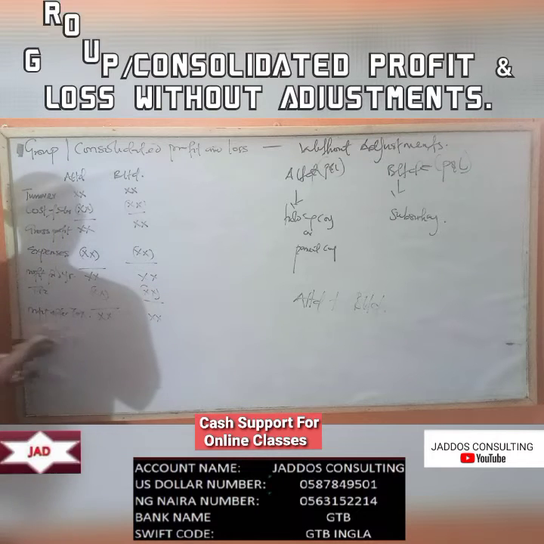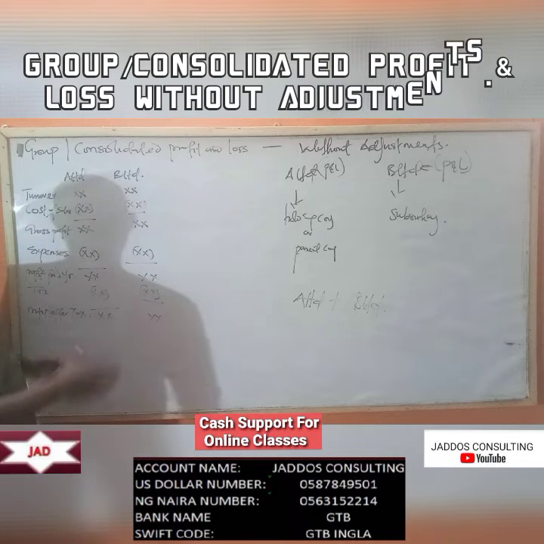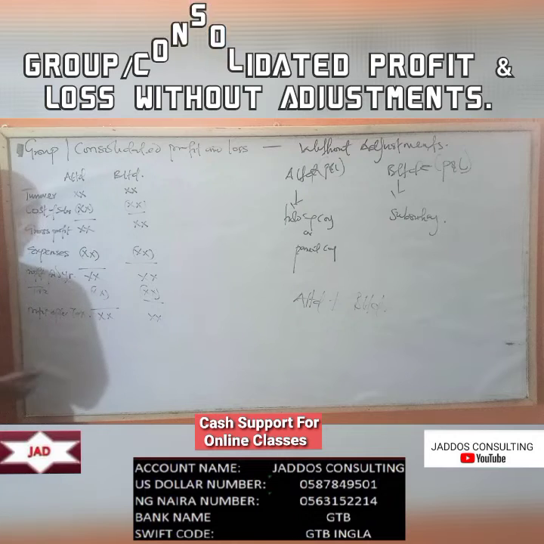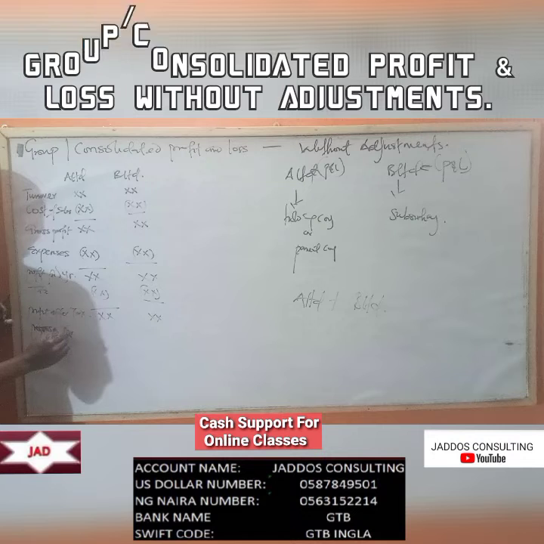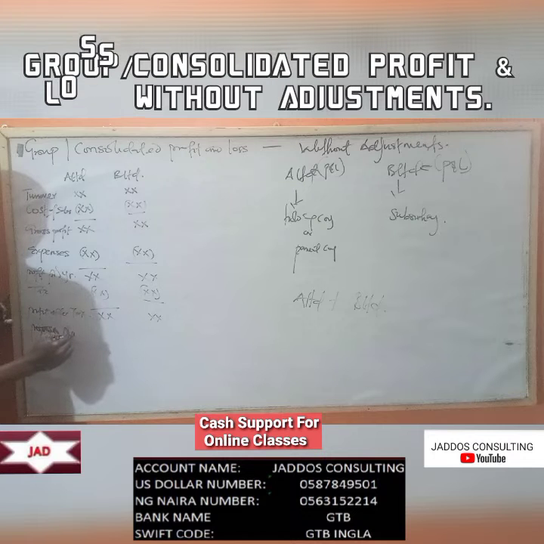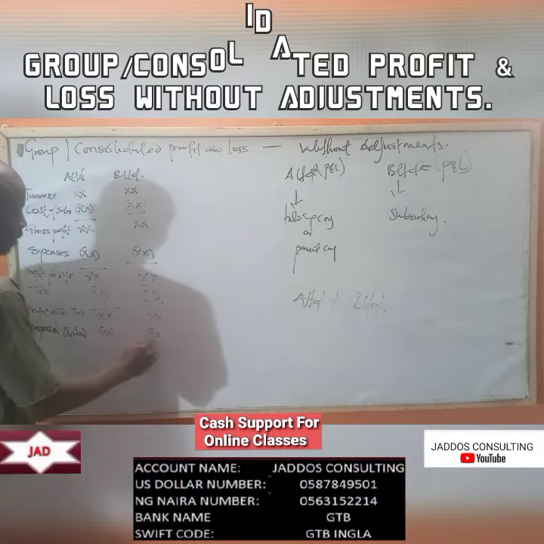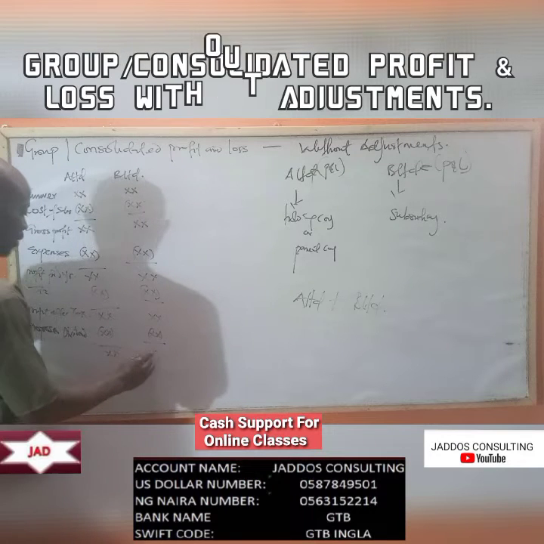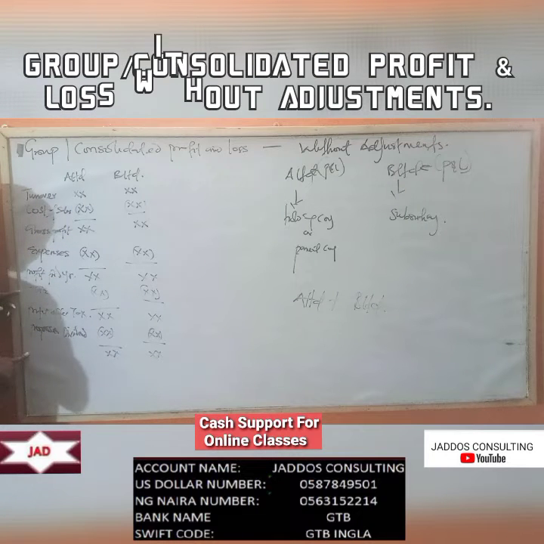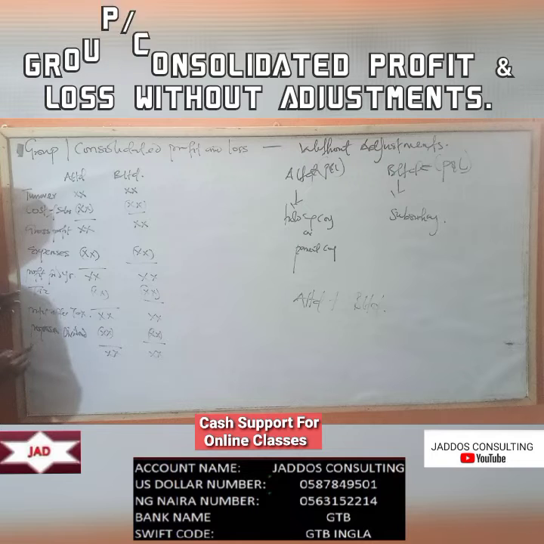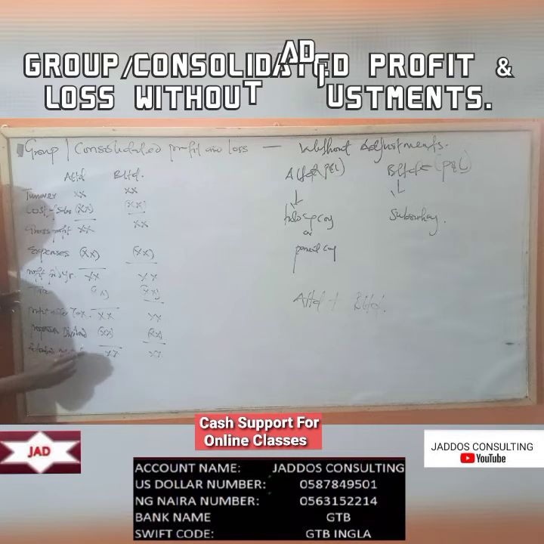So when you have this, then we can appropriate. Let's just say from this profit, you can propose dividend, right? So we propose dividend, you have this. This, of course, is what we call retained profit for the year, right?